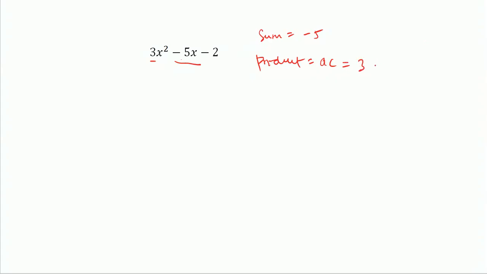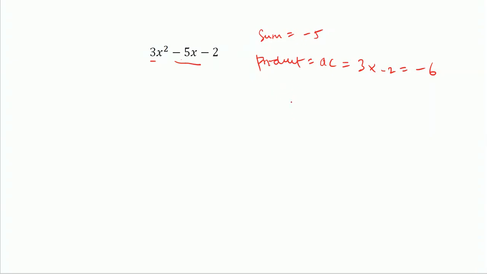So it's 3 multiplied by C, which is minus 2, which gives us minus 6. So we are looking for two numbers whose product is minus 6 and whose sum is minus 5.